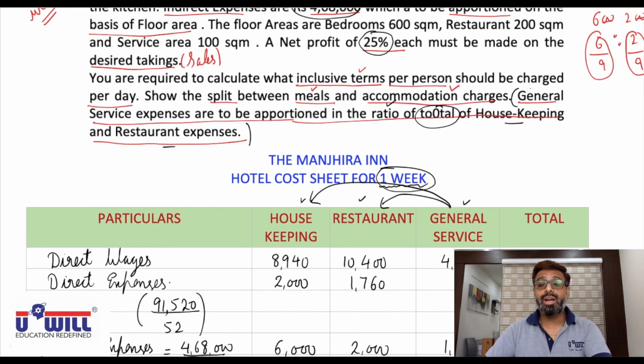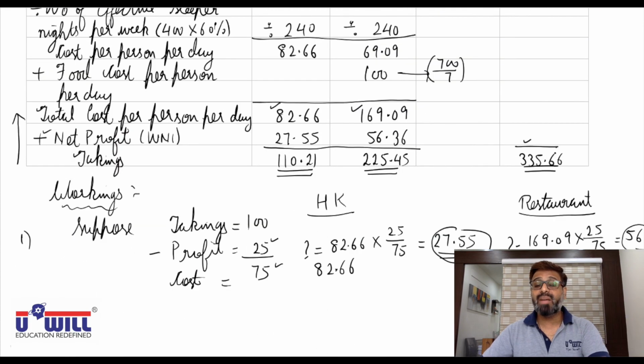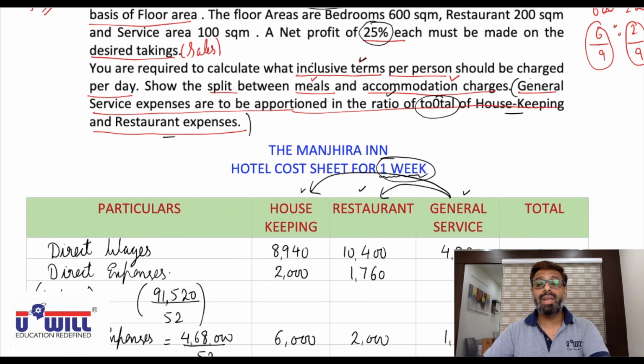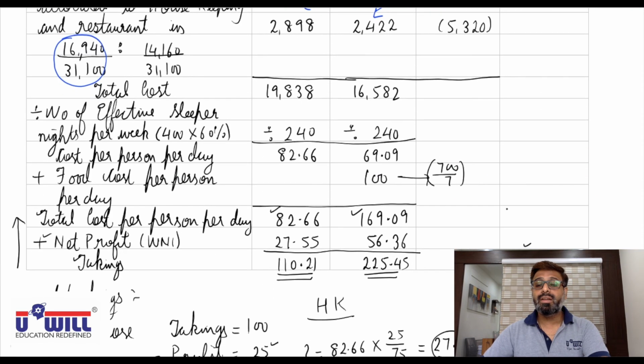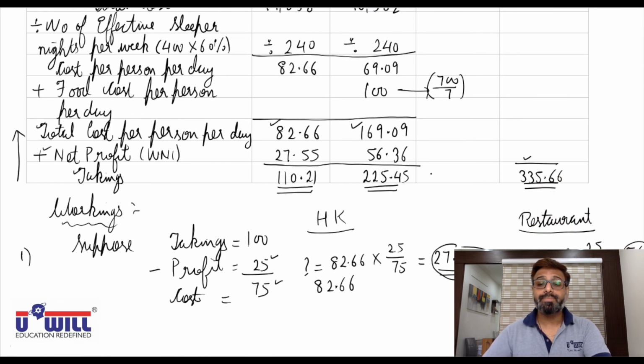You are required to calculate what inclusive terms per person should be charged per day: 335.66. Show the split between meals and accommodation. From 335.66, meals is 225.45, accommodation is 110.21.